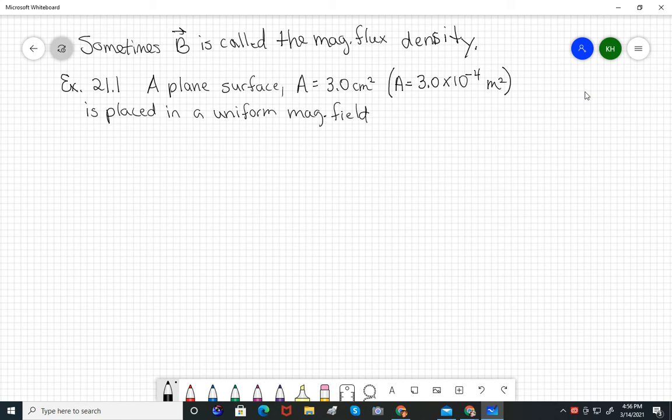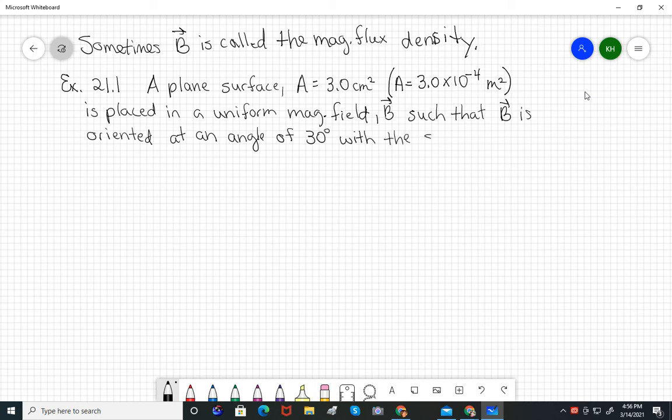We're going to call that B. Such that B is oriented at an angle of 30 degrees with the surface.